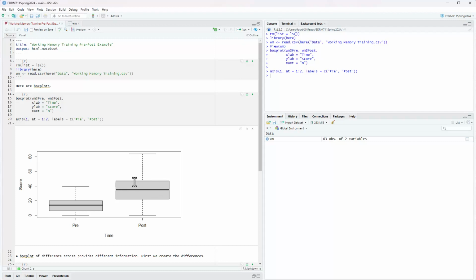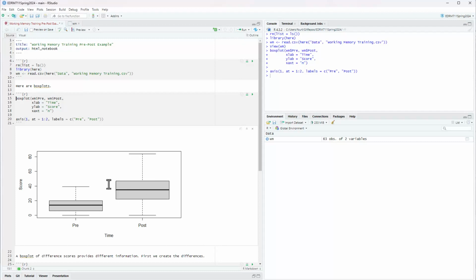Now what you can't do here is link any particular scores in this box with any particular scores here in the post box. We don't know how the scores changed by looking at these, except as the group. As a group, it definitely looks like there was an improvement. As a group, there was improvement because we see that the interquartile range of the post is completely above the interquartile range of the pre.